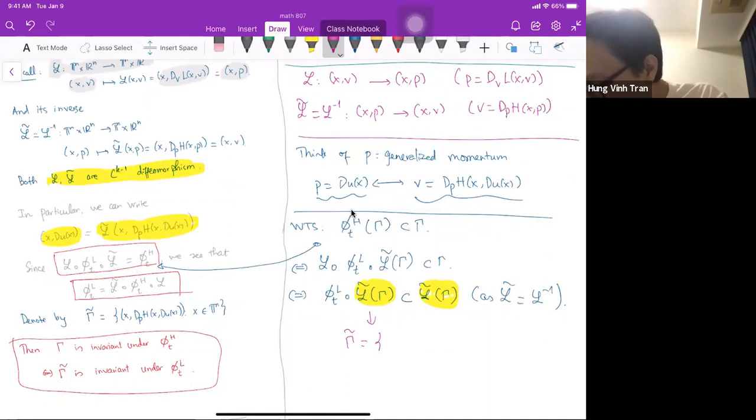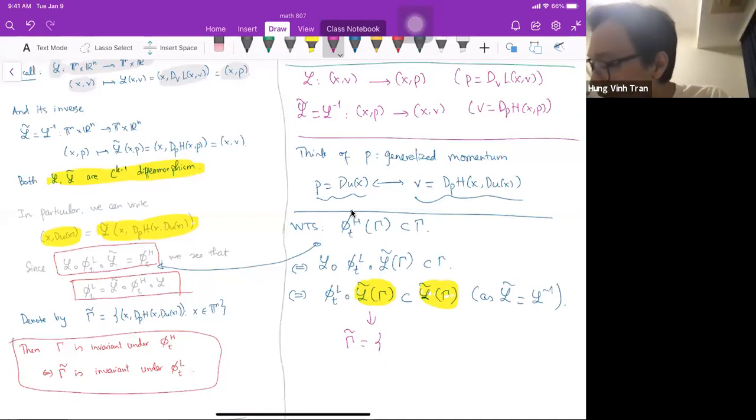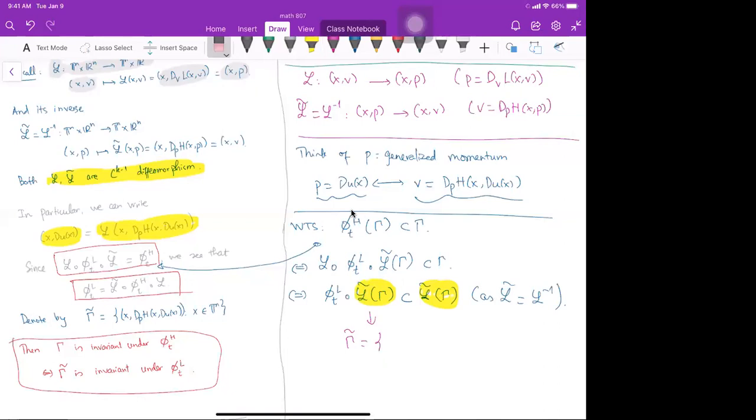I'm writing XP equals to, yeah, it should be curly L. You're right. So XP is L of XV, right? Right, right. Okay, thank you.